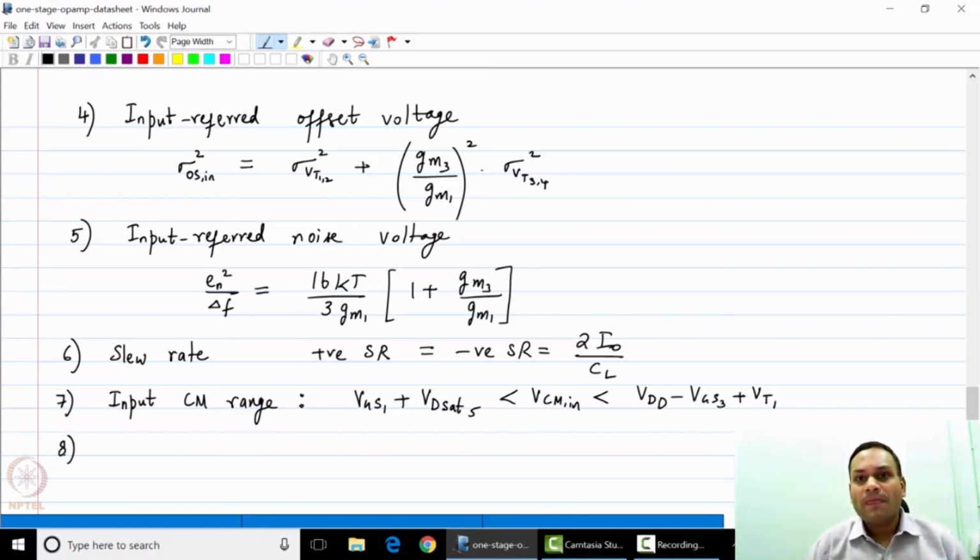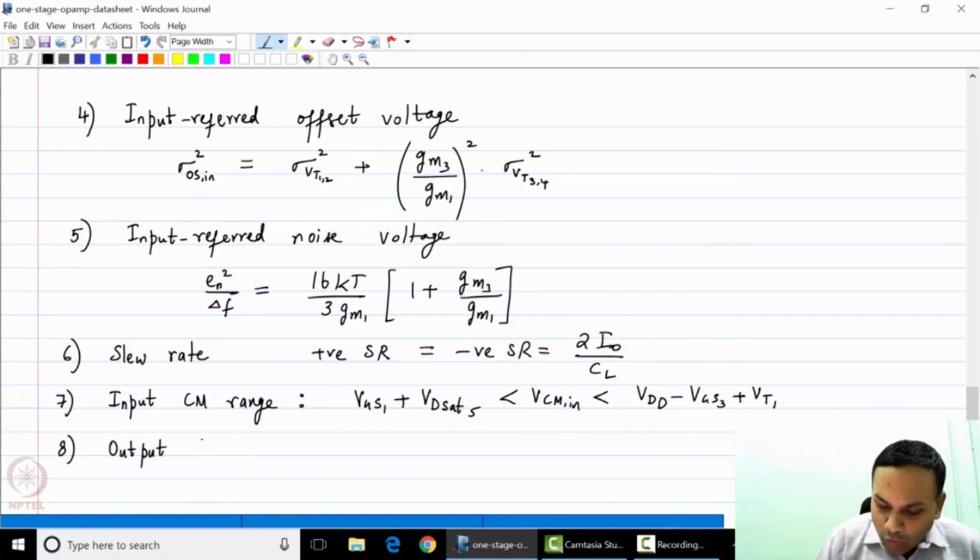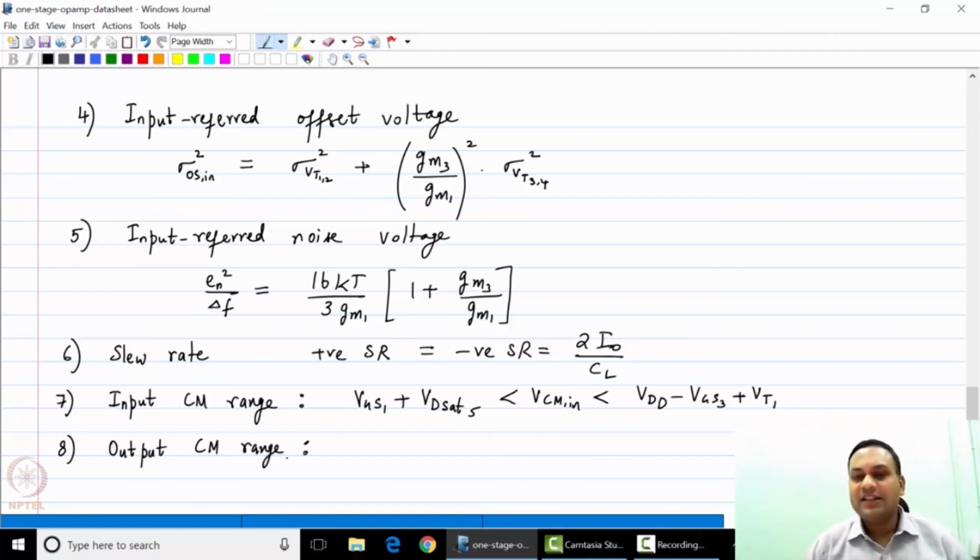Finally, the last parameter of interest for us is the output common mode range. It turns out that for this op-amp, the output common mode range is also related to the input common mode range.